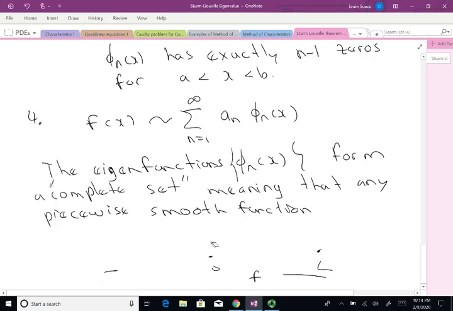Then I can express these functions as an infinite sum of phi sub n of x times a sub n, and we already know what the a sub n are, because we worked that out a long time ago. Those are the integrals, and the phi sub n of x are orthogonal, so we can deduce what a sub n is. As long as f of x is a piecewise smooth function, it can be expressed in this form.